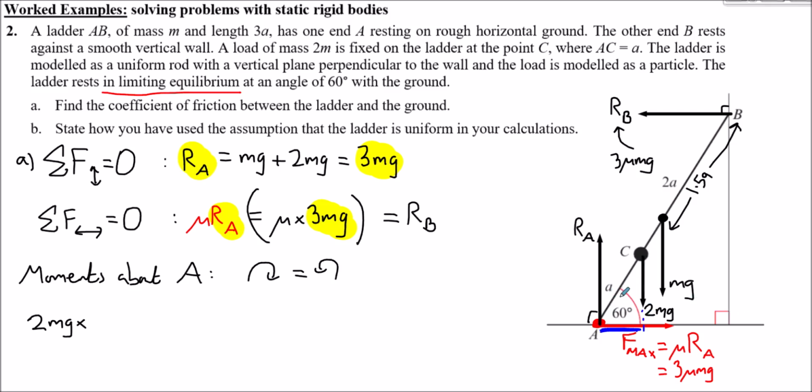So we need to consider this right angled triangle. Hypotenuse A, blue side there, that angle's 60. So that adjacent side in blue would actually be A multiplied by cos 60. Then we've got the mg force, so the force is mg, multiplied by the perpendicular distance of the line of action of this force from A. Well, in the same way as what we did for the 2mg force, it'll be this distance from here to there, which I'm doing in this purple line.